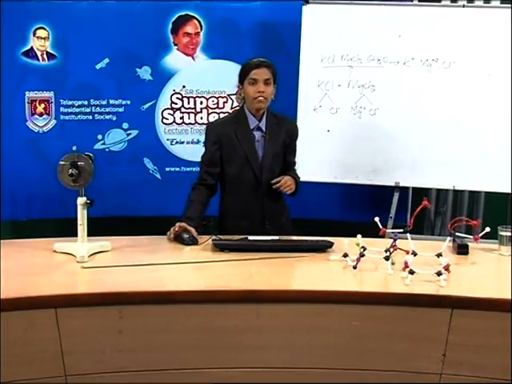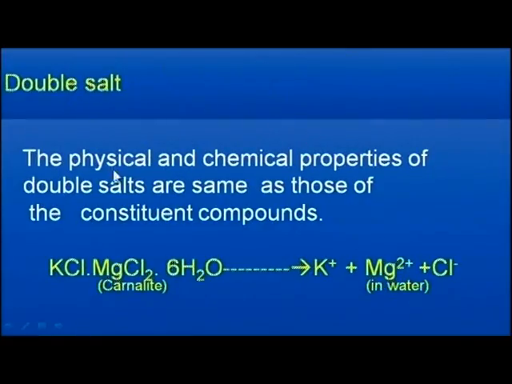Friends, now here we can see the definition of the double salt: when two compounds are mixed in their stoichiometric proportions, and when they are heated up to evaporation a crystalline compound is formed, and the physical and chemical properties of double salts are the same as those of the constituent ions. Here is an example, that is carnallite, and when it is treated with water it again gives the same ions, they are K+, Mg2+, Cl- ions.